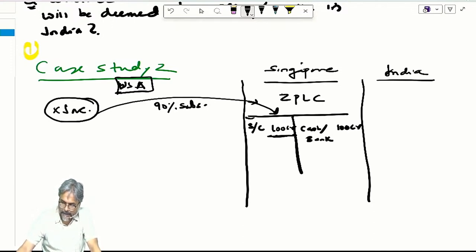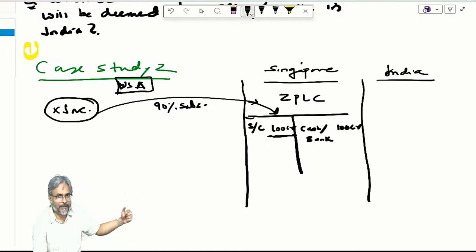So therefore, students, cash in bank of 100 crore, because you subscribed to share capital. Obviously there will be cash in bank. Cash in bank account debit to share capital. So he has pumped the money where? In ZPLC. How much? 100 crores.